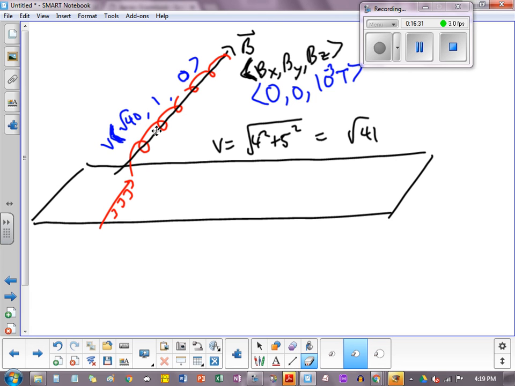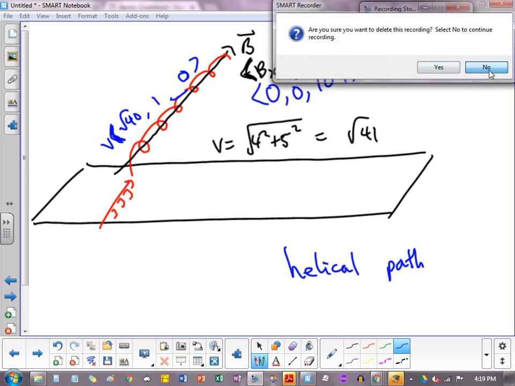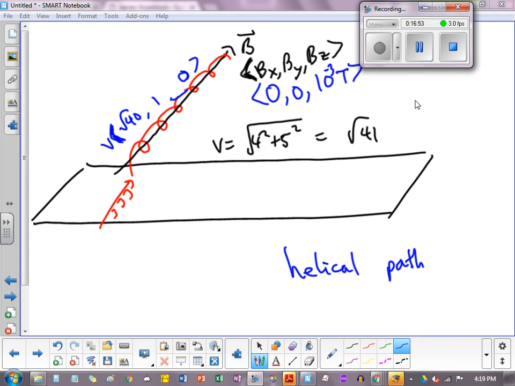And this is what we call a helix, this shape. So we call it a helical path, and that can happen as long as the velocity has any component in the direction of the field. If the z velocity was zero, then it would just cycle around in a circle.